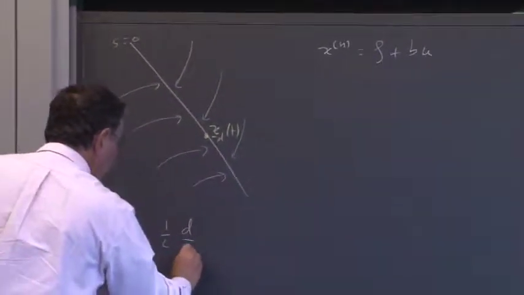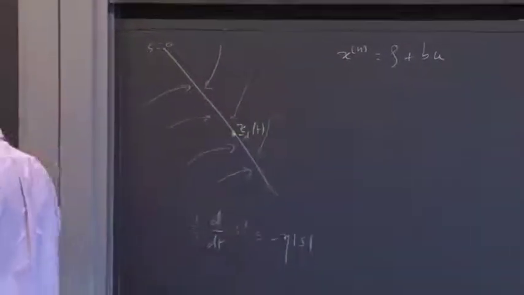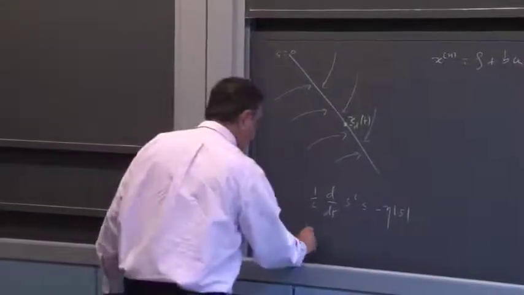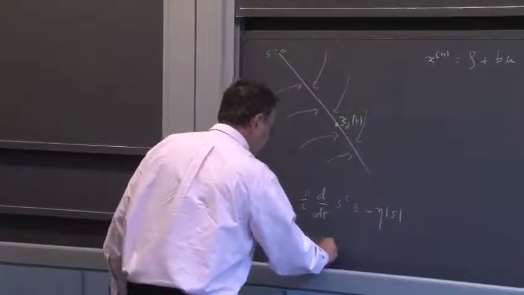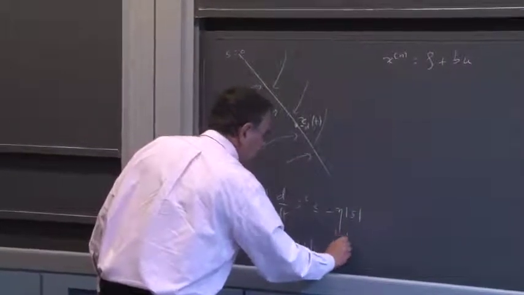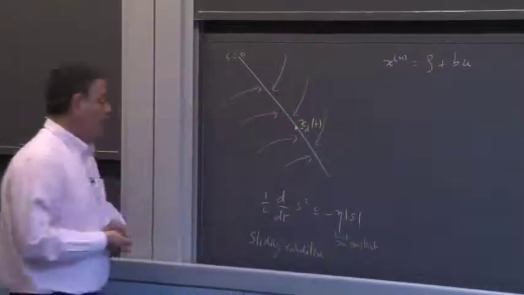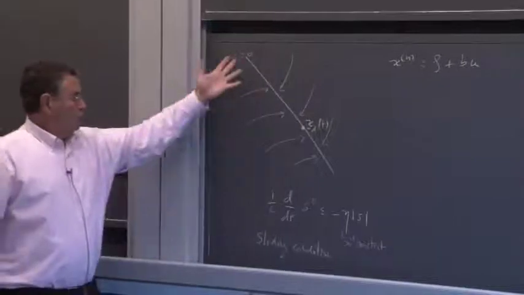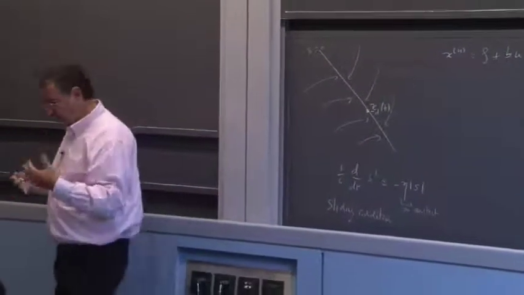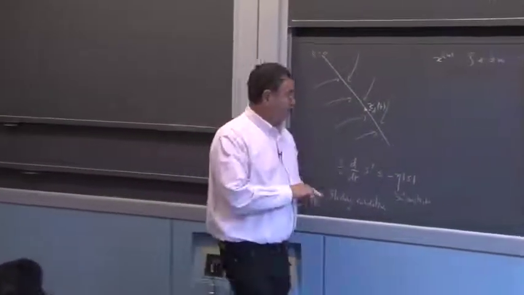We gave a specific way of reaching this surface S equals 0, which we called the sliding condition. Eta is just some small positive constant. It was called a sliding condition because we reach the surface in finite time and after that stay on it, so we slide on it.